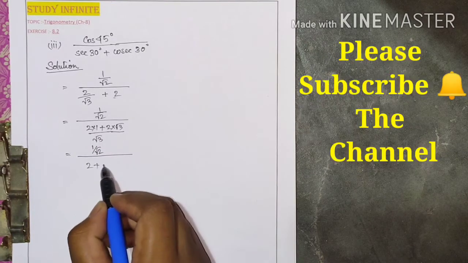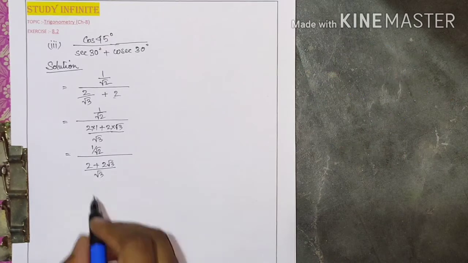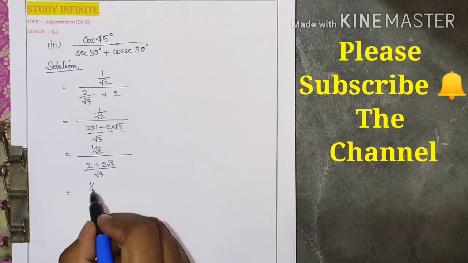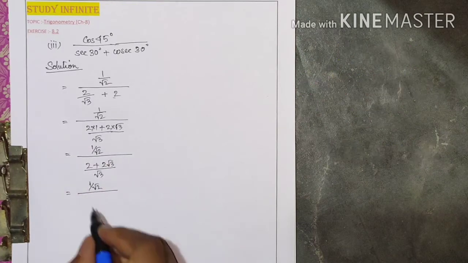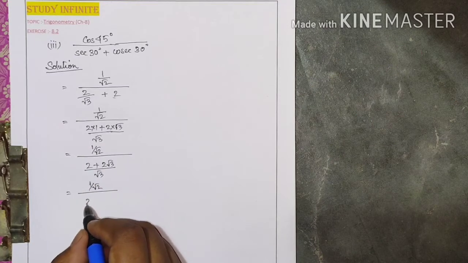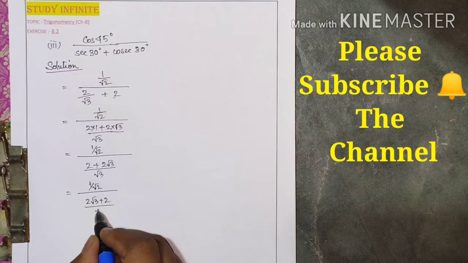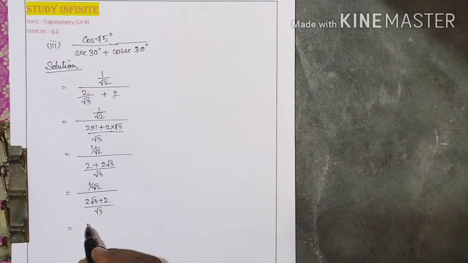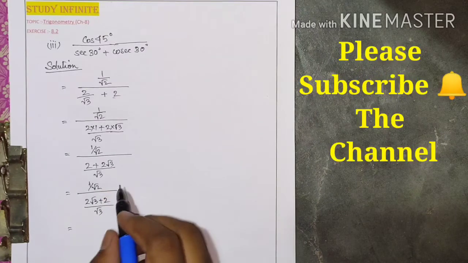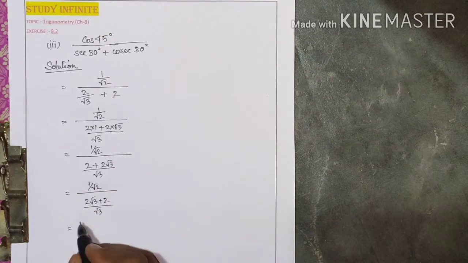2 plus 2 root 3 upon root 3. In this step, let us bring 2 root 3 before 2. So 2 root 3 plus 2 upon root 3. Now we will move this denominator fraction to numerator.